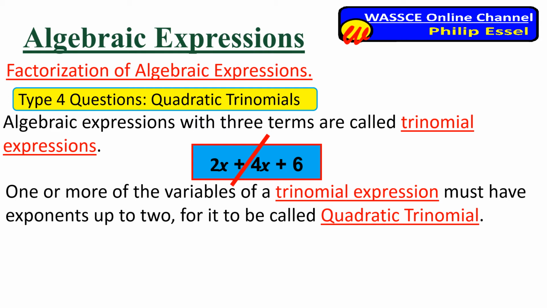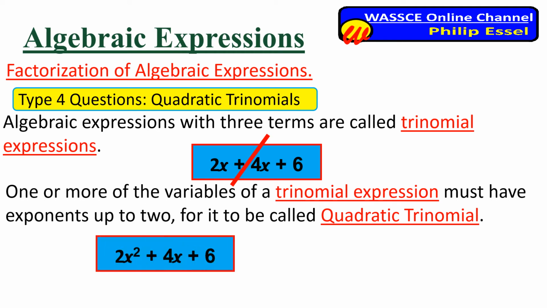Now let's look at the following trinomial expression. 2x squared plus 4x plus 6. And I believe we know why it is a trinomial expression. Now, this expression also shows that one of the variable x has the exponent of 2. We can therefore say that this expression is a quadratic trinomial.